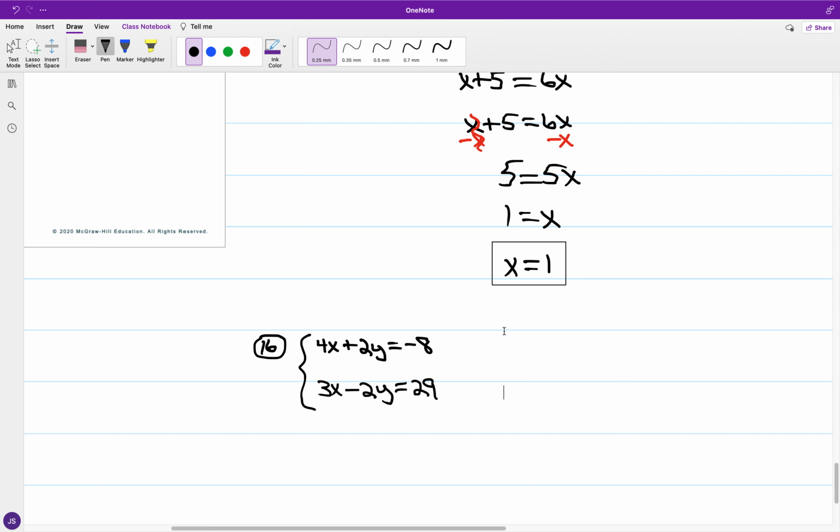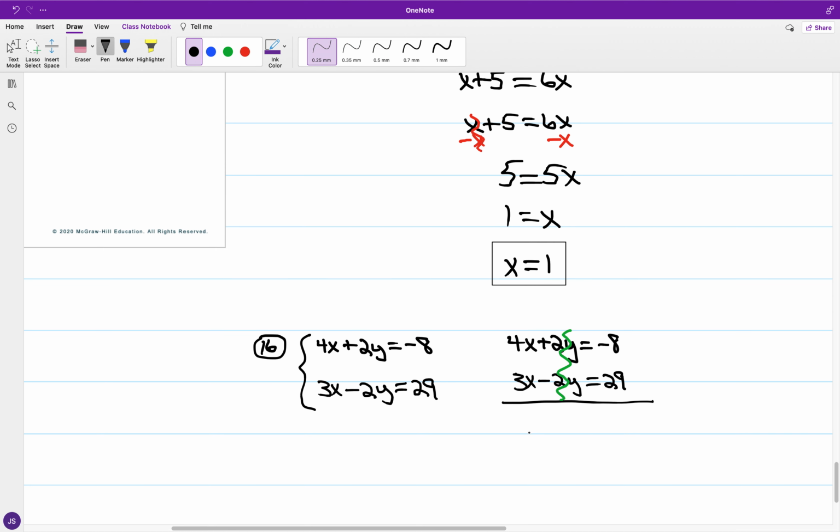So I can set things up where I can go ahead and solve for x. For this system, the positive and negative 2y will cancel out.